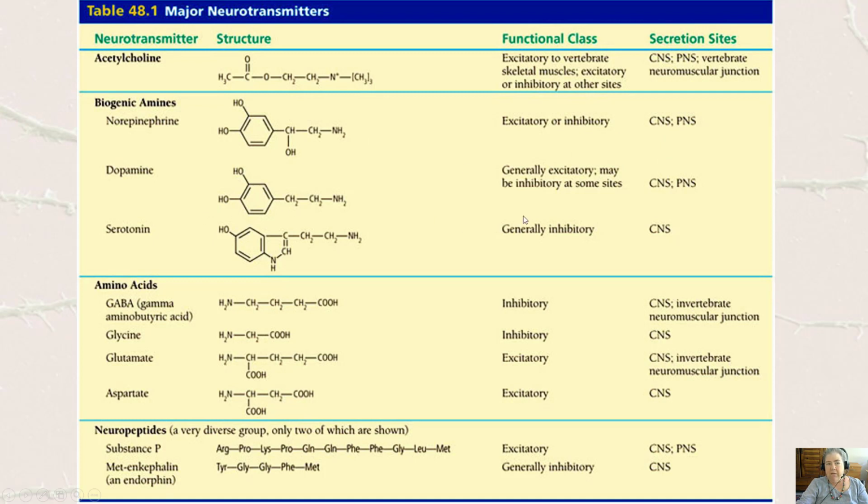Dopamine, which at most sites is excitatory, is extremely important in movement. So the neurons of the substantia nigra, which get destroyed in Parkinson's disease, which is at least partly a movement disorder, are dopaminergic neurons. It's very important for mood, and many psychiatric medications are agonists or antagonists of dopamine.